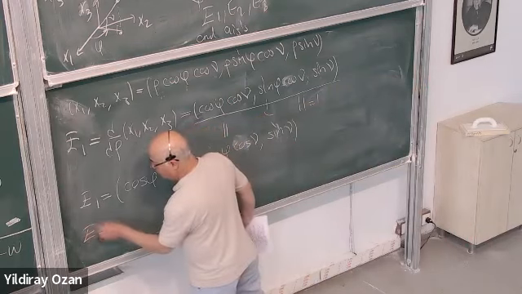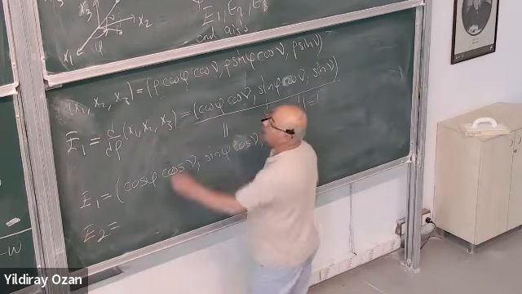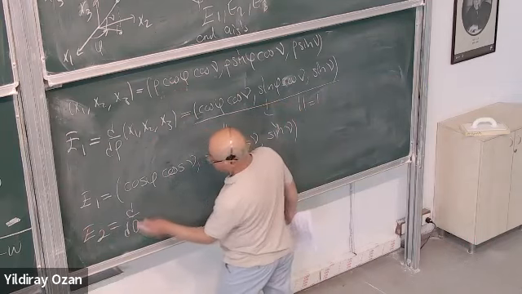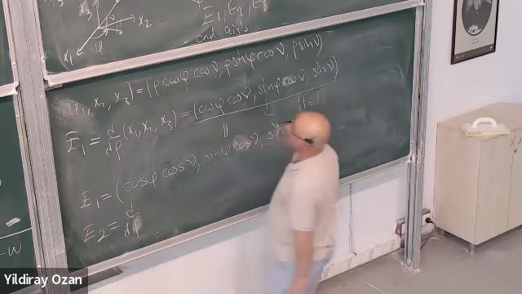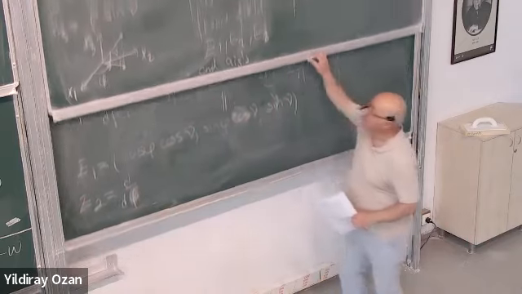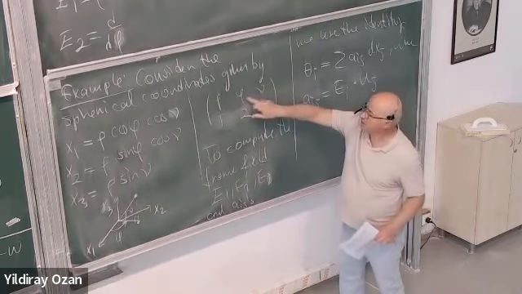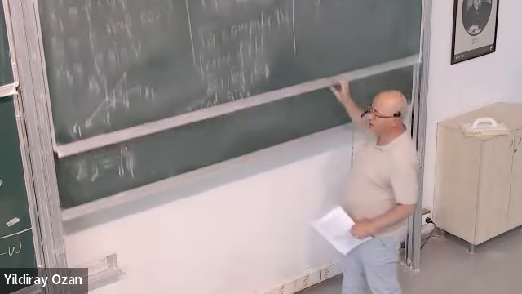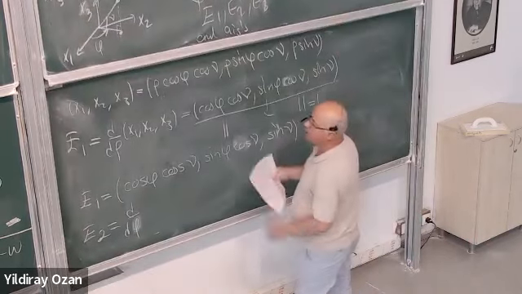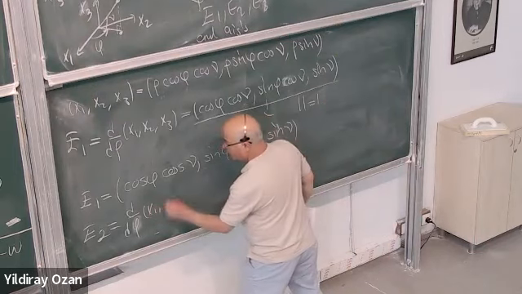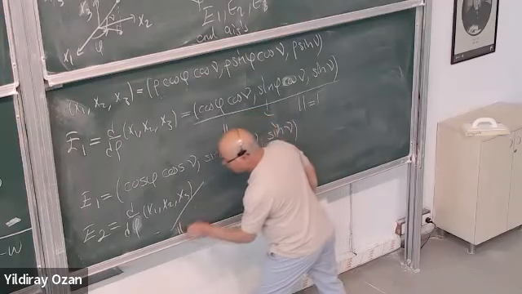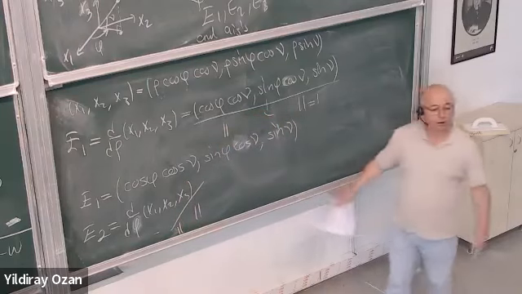E2 is what? E2 is the derivative with respect to the second variable, which is phi. So I take the derivative with respect to phi of x1, x2, x3, and then I divide this by the length of whatever I obtain.